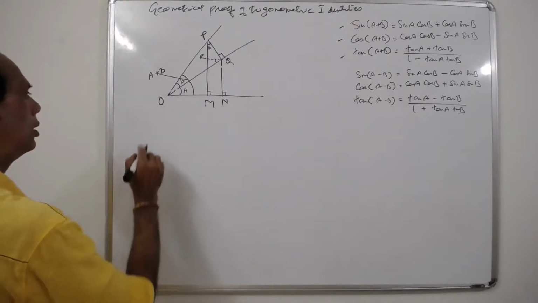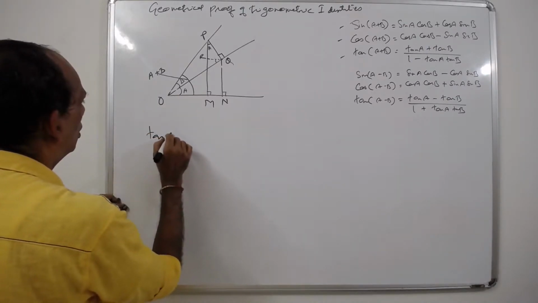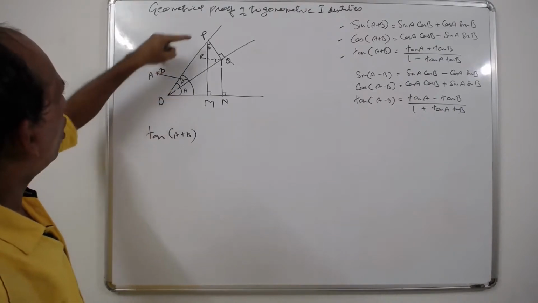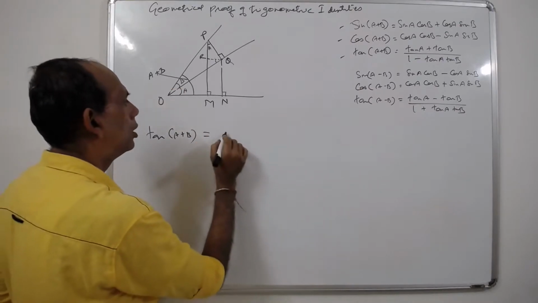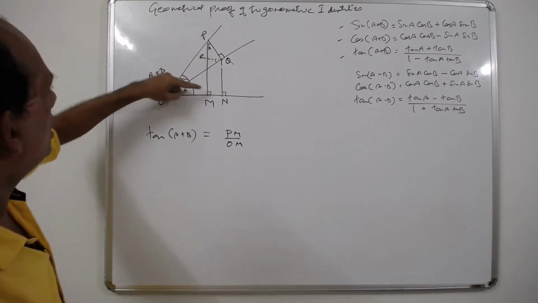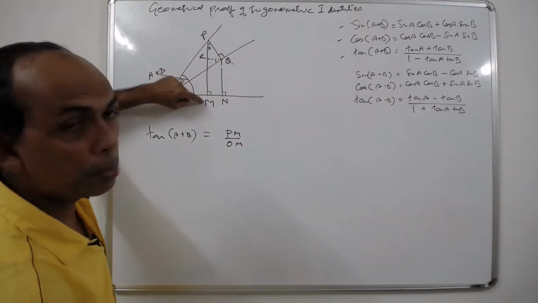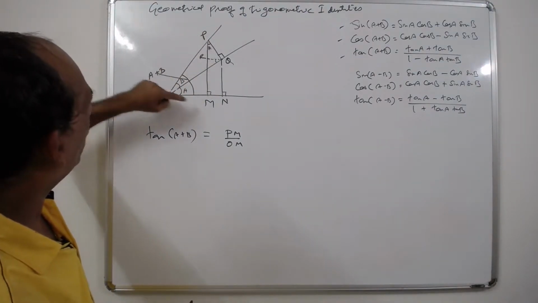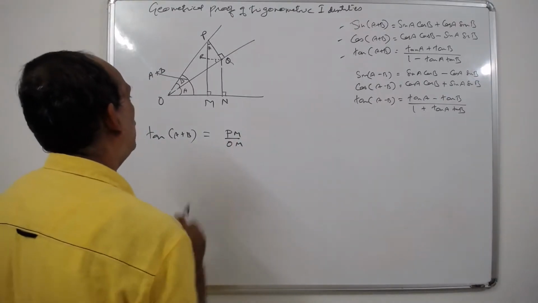Tan of A plus B is opposite upon adjacent, so PM upon OM, right? OPM is a bigger triangle in which A plus B is the bigger angle. That's angle POM is A plus B. So we have PM upon OM, opposite upon adjacent.